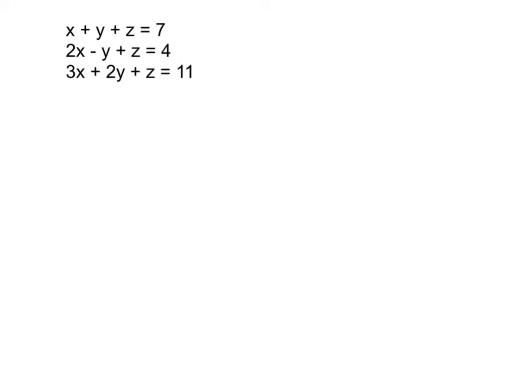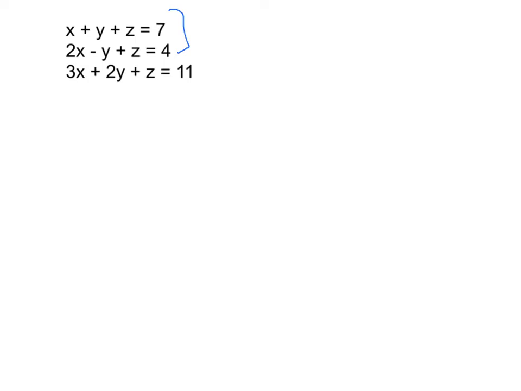So to do that, what we do is pair the equations up. We can take any pair of equations and eliminate one of the variables. So since z has a coefficient of 1 in each case, let's eliminate y, because the y in the first equation and the y in the second equation are of opposite signs.